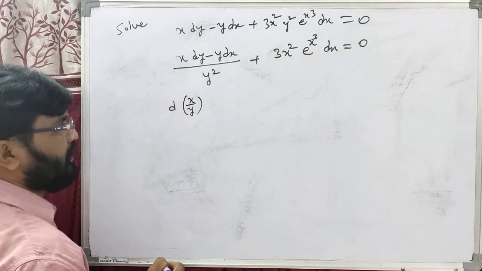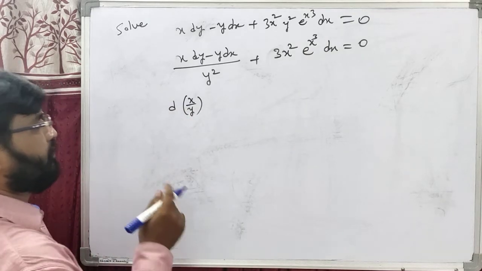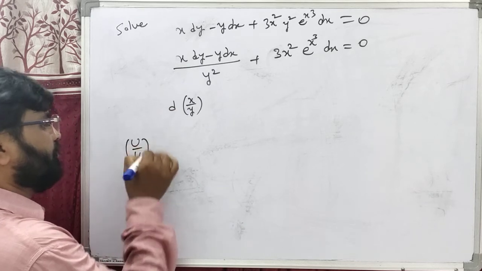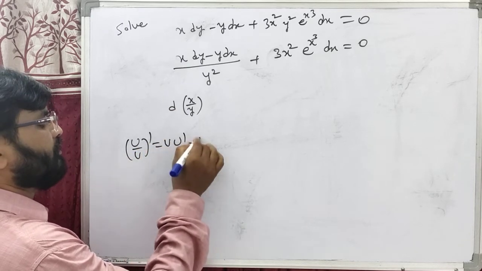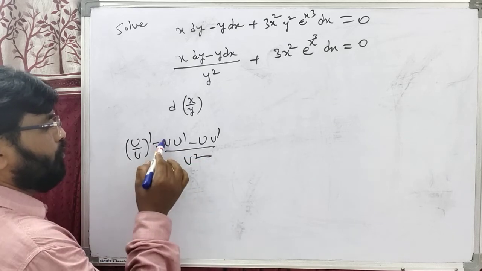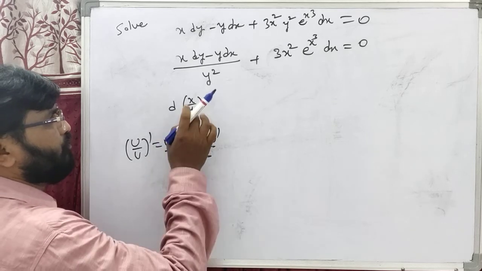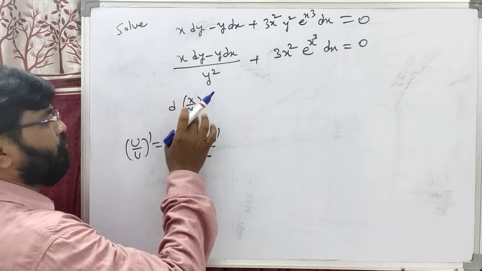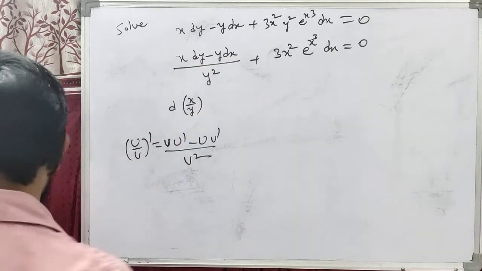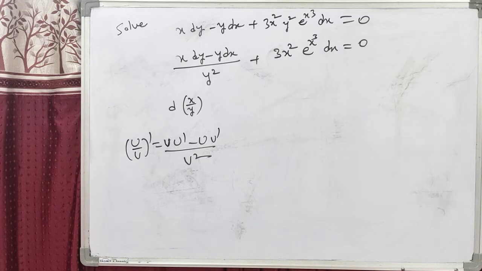How to write the derivative of u by v, students? This is v into u dash minus u into v dash by v square. Here, y into the derivative of x is dx. Okay students, how to get that one?